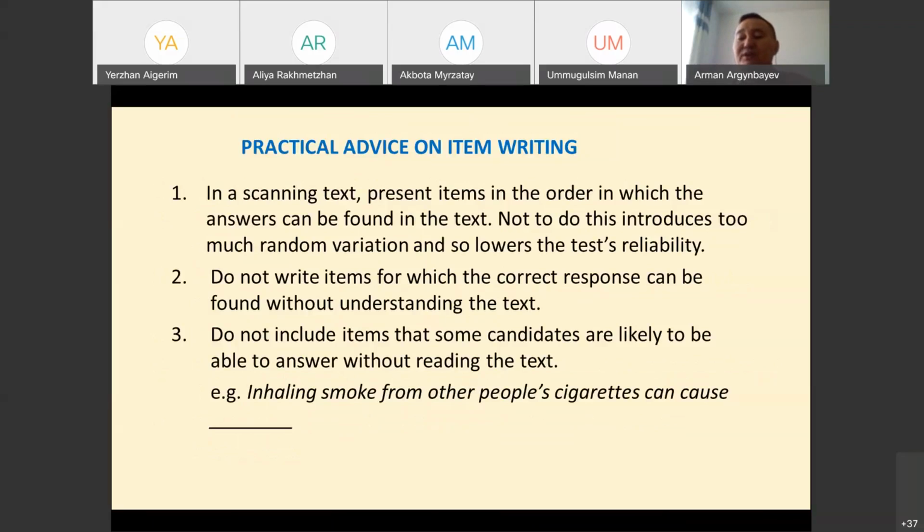This is also true for listening parts. I remember it was my master's tests. When we were applying for masters, we took our local test. It was in the university. It was practical English, and there was a listening part. There were two variants, A and B. Unfortunately, I was in the B part.